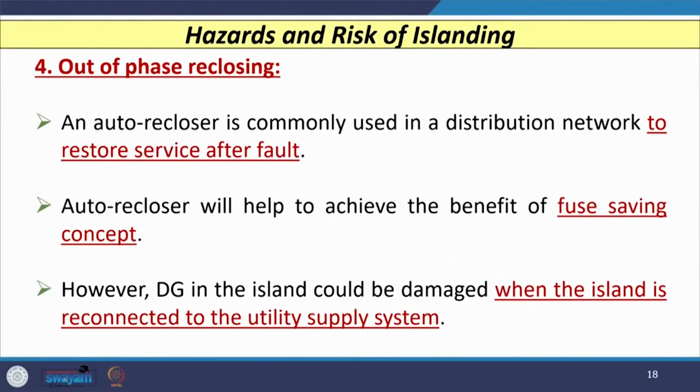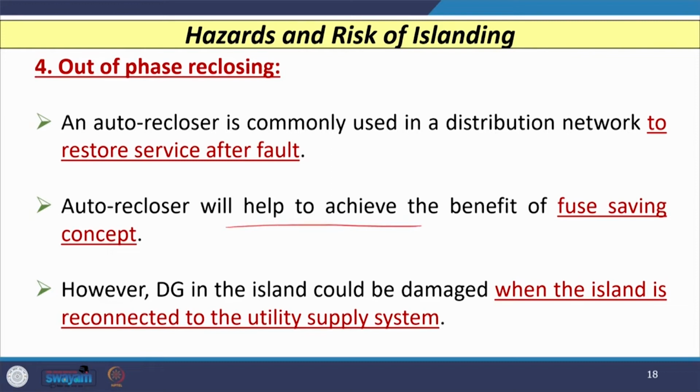So, in temporary or transient faults, we want to reclose the breaker immediately after 300 millisecond, which restores the supply immediately after the occurrence of a transient fault. So, the auto recloser will help to achieve the fuse saving concept.